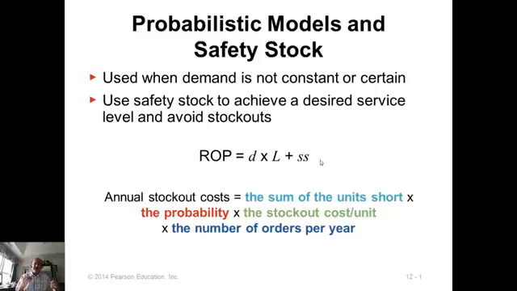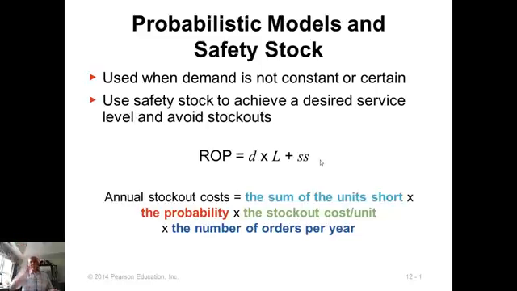The second factor is the level of confidence you want. You want the probability of stock out to be very small. If you want 95% confidence, or in ROP parlance the service level, only 5% stock out probability, then you will need a certain level of safety stock. But if you want a 99% service level, only 1% stock out probability, then you need an even higher level of safety stock.